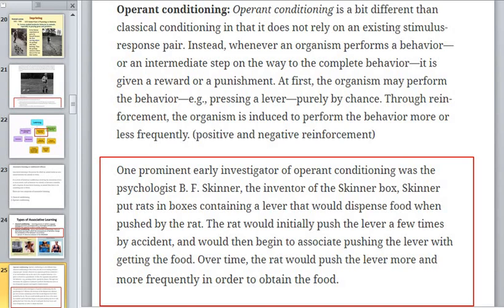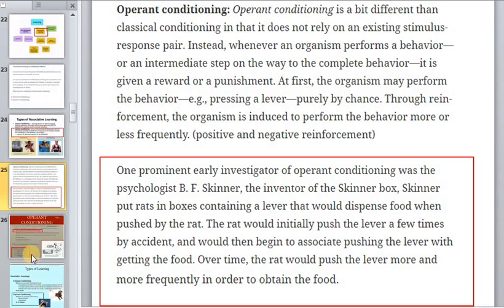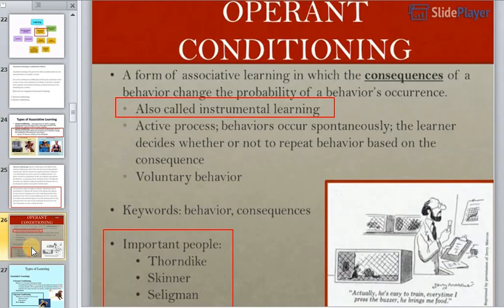Over time, the rat would push the lever more quickly and frequently in order to obtain the food. And even from the previous practical, I hope you know this. Here you see it also called instrumental learning, because we use this kind of instruments, and not only Skinner. Some people do experiments this way.